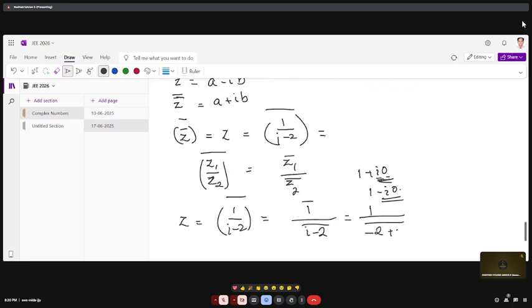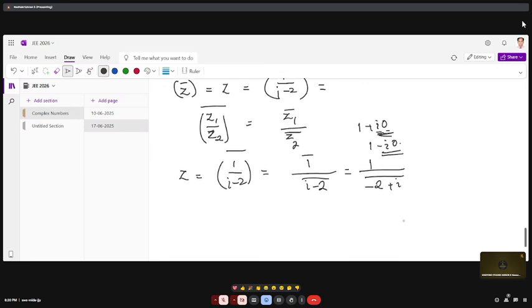It should be written as -2 plus I. Then it will become 1 by -2 minus I. That is how you should write: the imaginary part alone, you change the sign; the real part, keep it as it is.